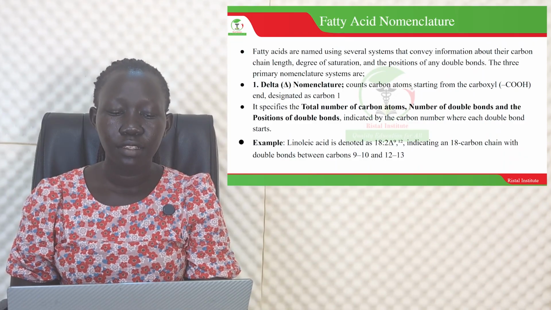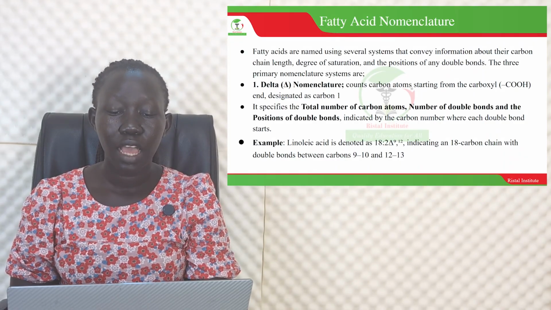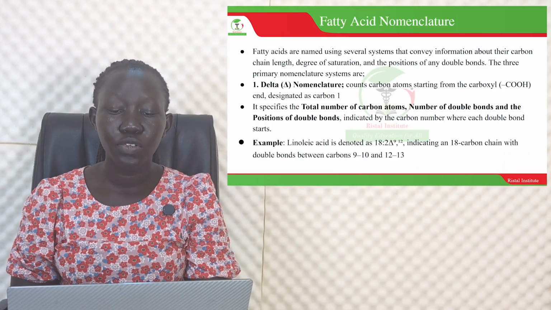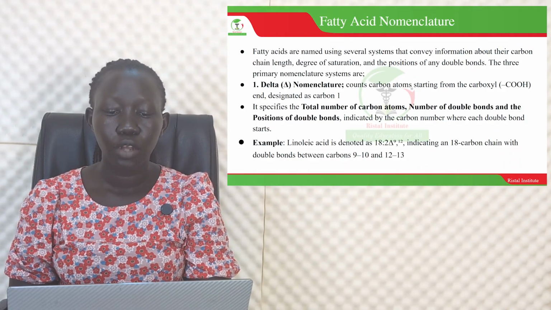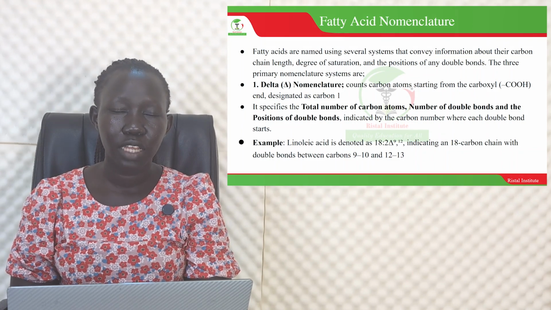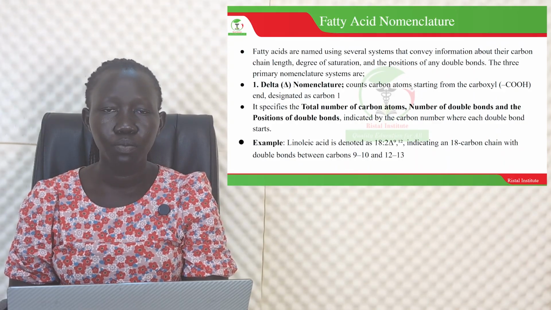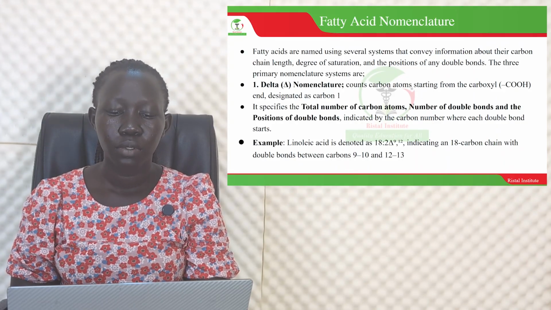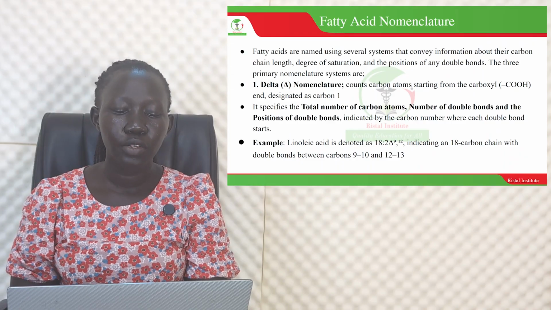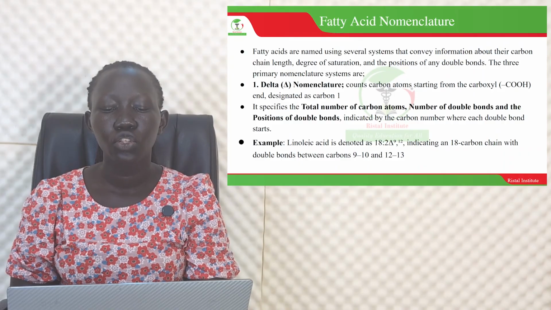This indicates that linoleic acid has 18 carbon atoms and 2 double bonds, and these double bonds occur between carbon atoms 9 and 10, and also carbon atoms 12 and 13. The carbon atom where the double bond begins is the one we denote. So that is why linoleic acid is denoted as 18:2 delta 9,12.